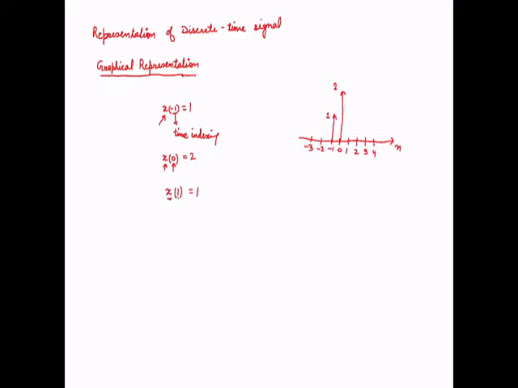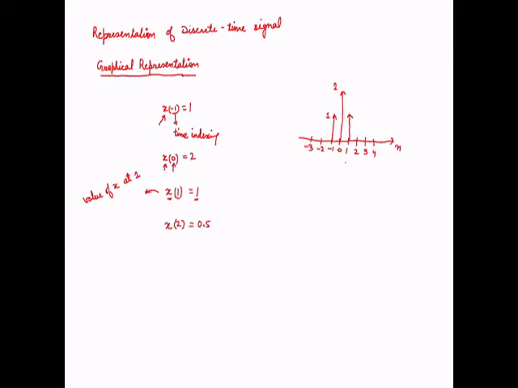The value of x at 1, where 1 is a time indexing term. So this value is 1, so it means at 1 we are going to represent the value. So suppose the value of x at 2 is 0.5.